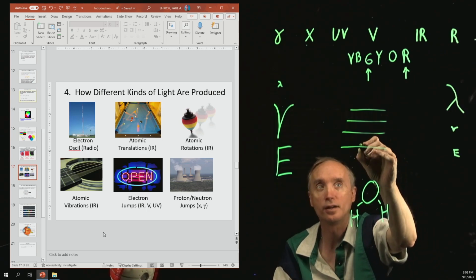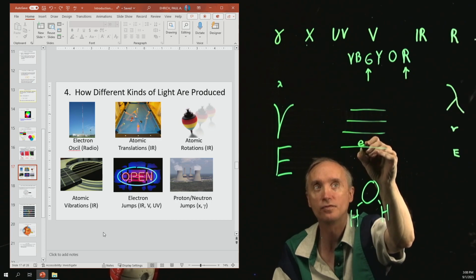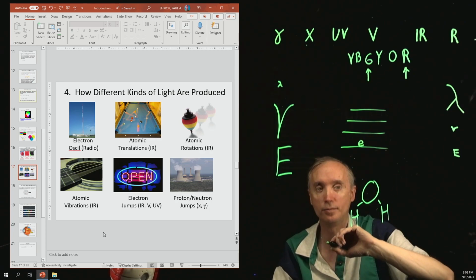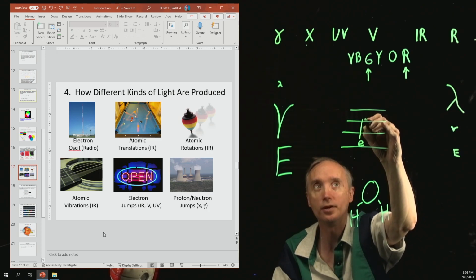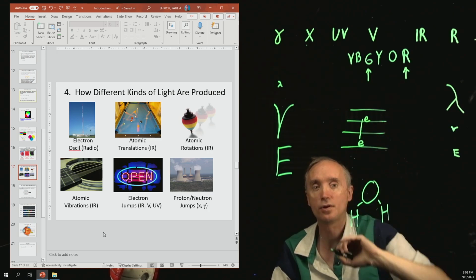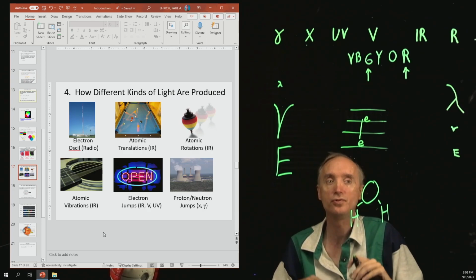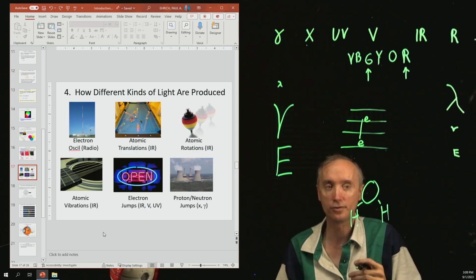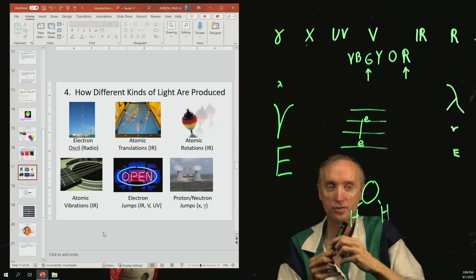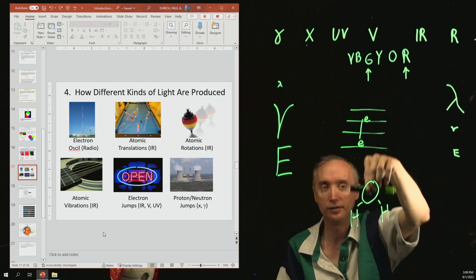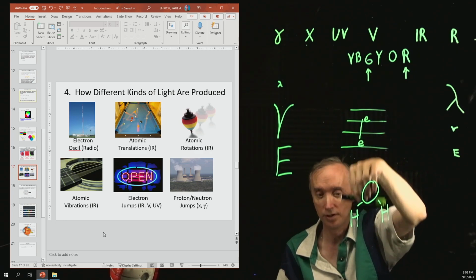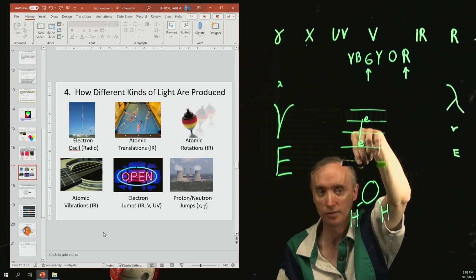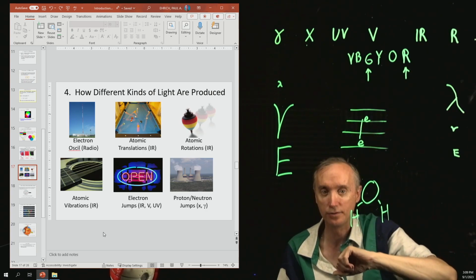Well, an electron that is on this floor of the apartment building could jump to this floor up here. And when it does so, it's going to absorb energy. In order to take this pen and lift it up, I've got to put energy into the pen. So it's going to absorb energy when it goes up.